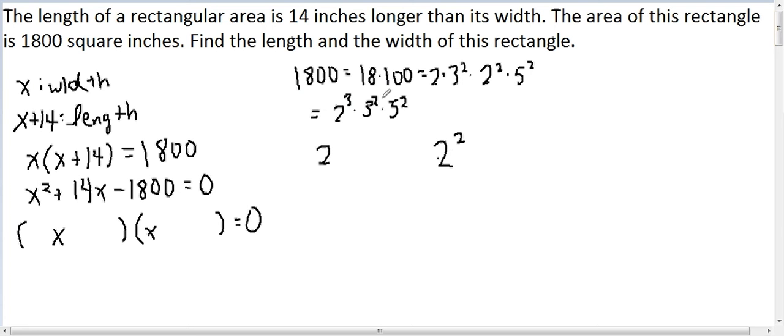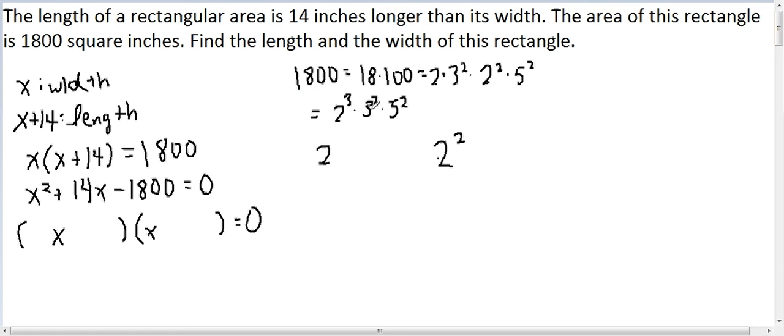Next, let's take a look at just 3 squared. We can imagine either dividing up the 3s so that both of these numbers get 3, or we keep 3 squared together so that this factor gets 3 squared or this factor gets 3 squared. If we take a look at 14, it isn't a multiple of 3.